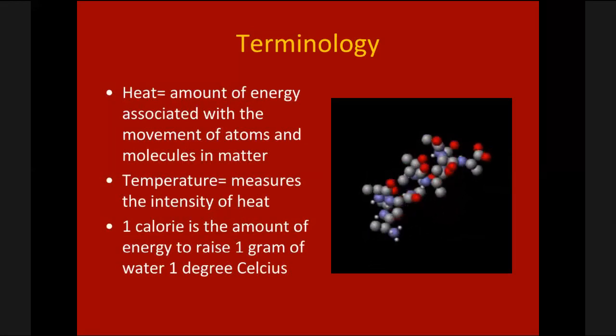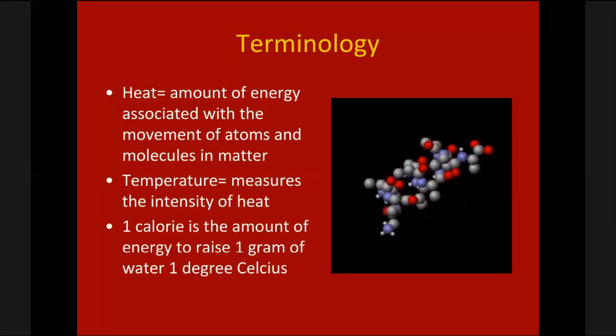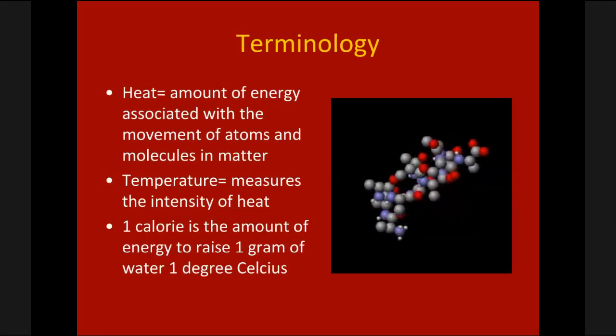So when they're moving, they're releasing energy. We call that energy that they're releasing heat. The faster they're moving, the more energy they're releasing. The heat goes up, or their temperature goes up. Temperature is just the measure of how much heat's being produced.